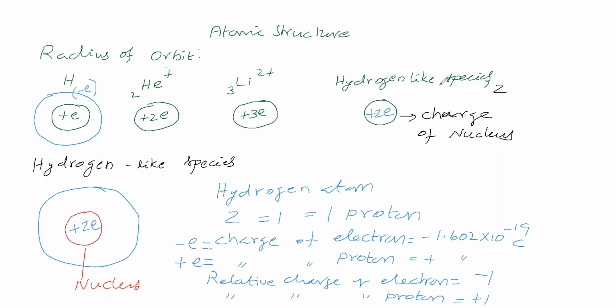But the atomic number is not 1. For hydrogen, the atomic number is 1, so the nucleus contains 1 proton. He+ is a hydrogen-like species, but its atomic number is 2, so its nucleus contains 2 protons.